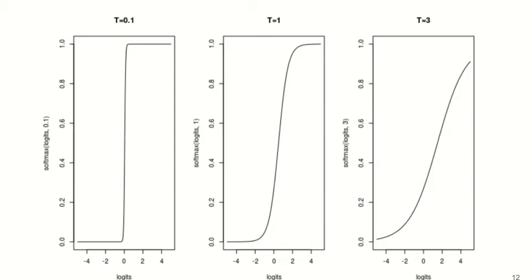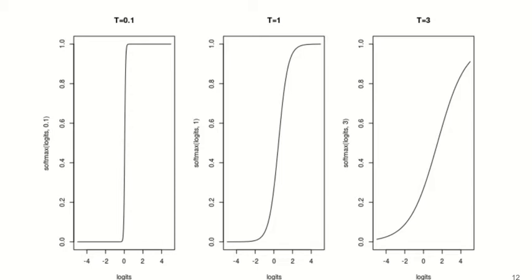We can see in the middle, for T equals 1, which is the standard softmax, the S shape that we know very well. For T equals 3 already, we see how this curve gets less steep and goes towards a uniform distribution.